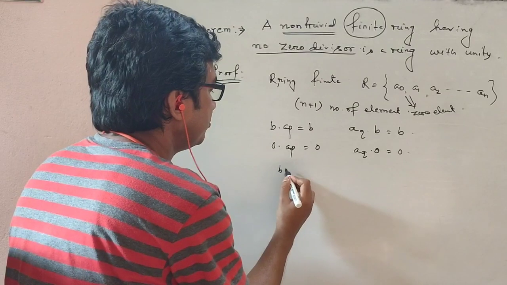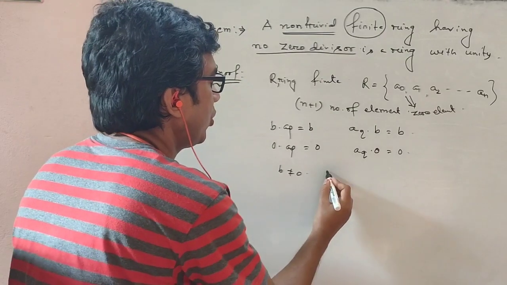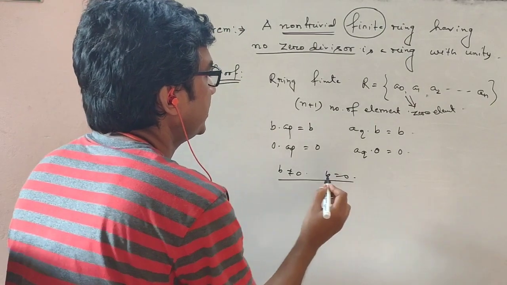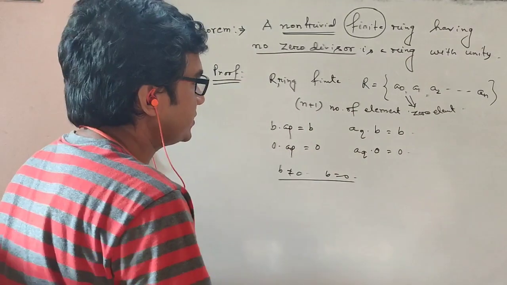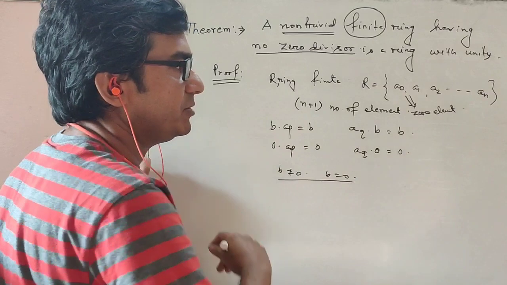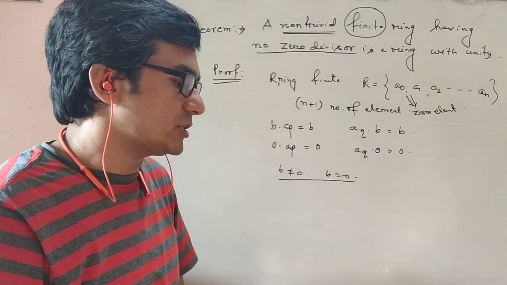So whether B is not equal to 0 or B equals 0, in both cases this relation holds. That is, for arbitrary element B, these two relations must be true.